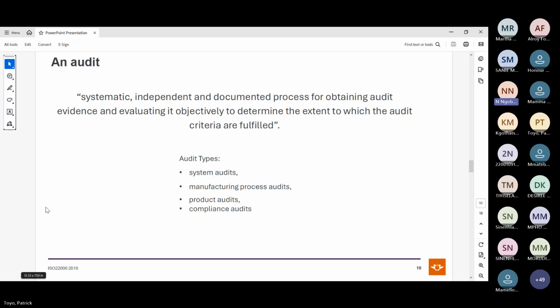So compliance audit, again, it depends on the type of the relevant regulations, the relevant laws, and the standards, including your internal policies that are applicable to the organization. So it could be industry standards. It could also be how well the company is complying to internal procedures.